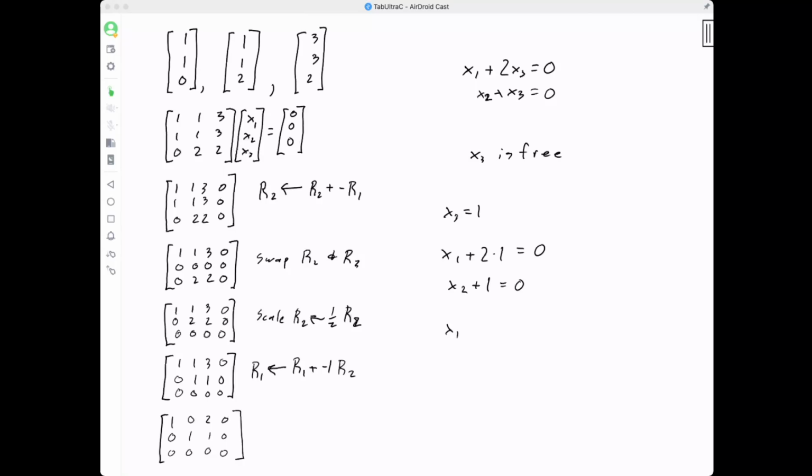So x1 equals negative 2, x2 equals negative 1, x3 equals 1 is a solution. And since this is a solution that is not all zeros, negative 2, negative 1, 1 is a solution that is not the zero vector. So these vectors are linearly dependent.